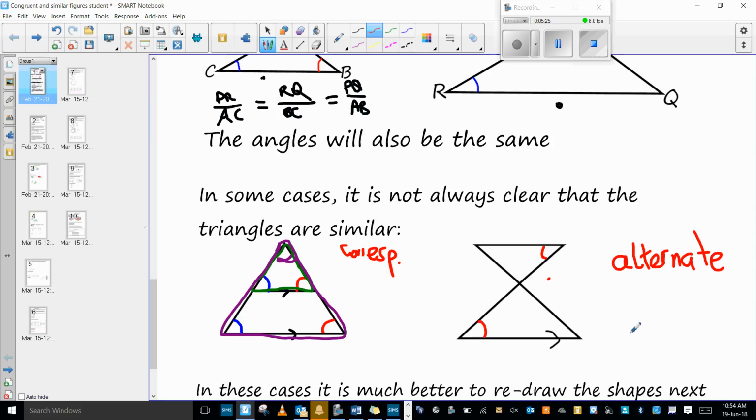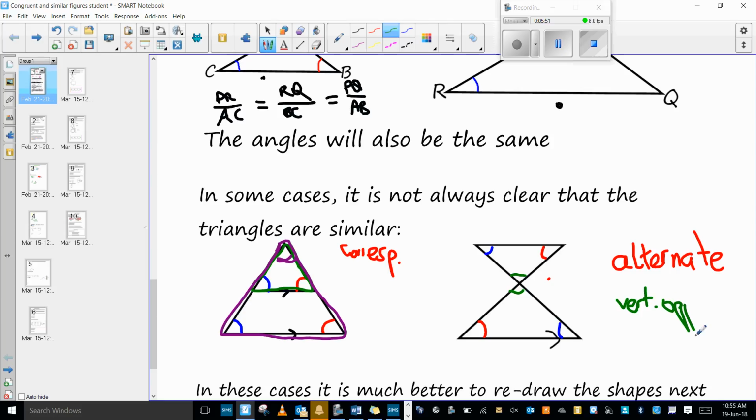In a similar way, this angle here would be the same as this angle here. And these angles would also be the same. Why would these green ones be the same? How do we describe them? Almost, they're actually vertically opposite, and they're not always drawn vertically, but they are described as vertically opposite, and they are equal to each other.